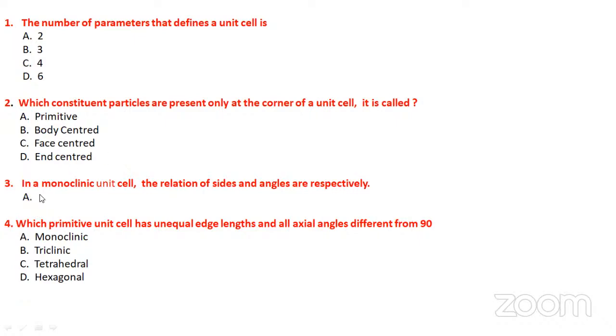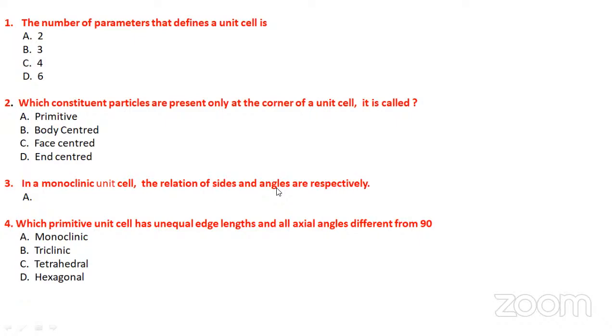So here the third question is, in a monoclinic unit cell, the relation of sides and angles are respectively. I hope you all do it. I'm going to give you a minute. Please check the table and tell me. Monoclinic. Just now I said it is an example of the third group. Clinic means all the sides are unequal.